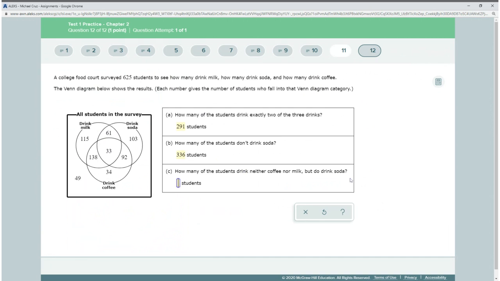All right, so we got to pay attention here. How many students drink neither coffee nor milk, but do drink soda? Well, you got 103 and 49.